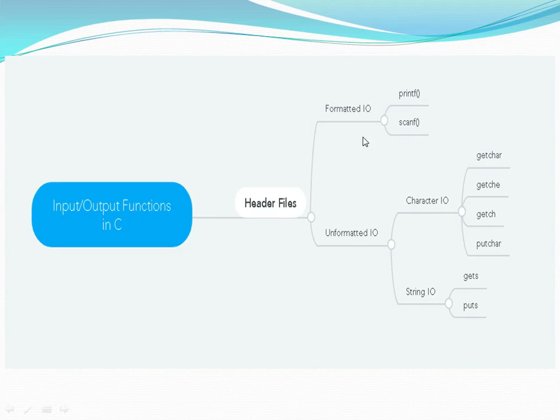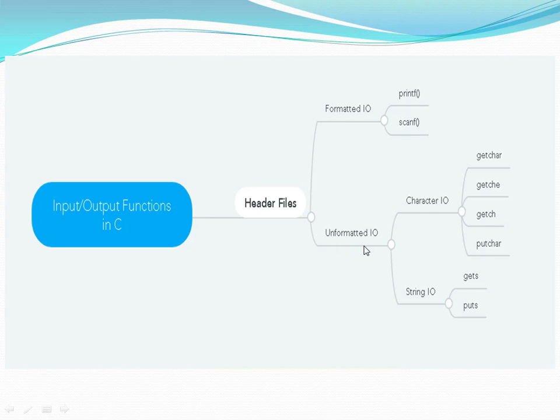Next, this is the mind map of input-output functions in C. All the input-output operations are performed through header files. Header files contain formatted I/O and unformatted I/O functions. The formatted I/O functions can be further divided into two: printf for getting the output and scanf to get input from the standard input device.